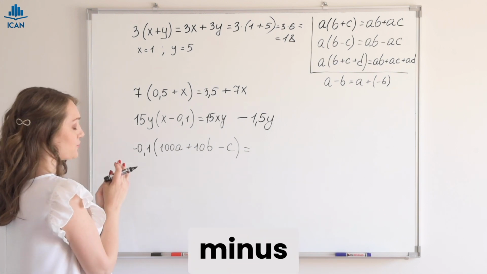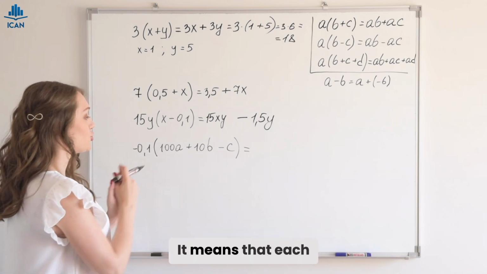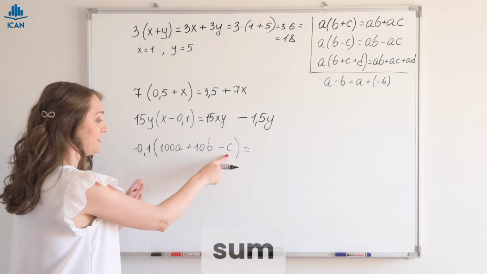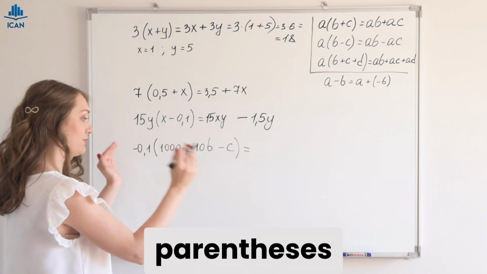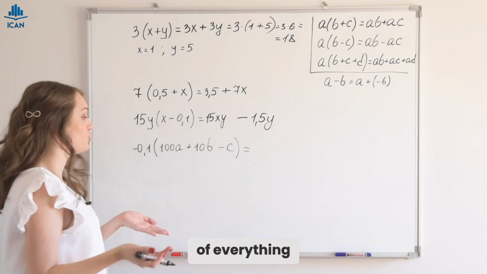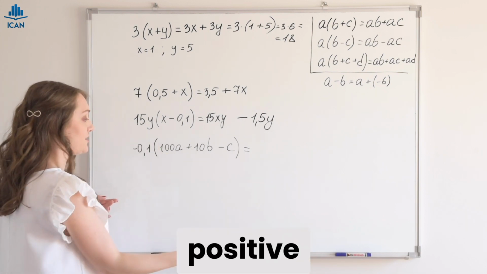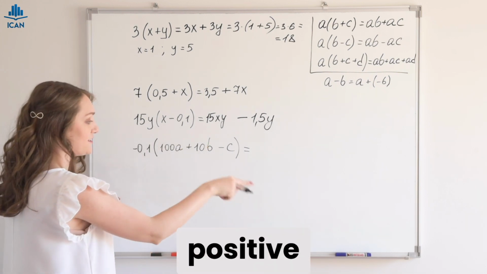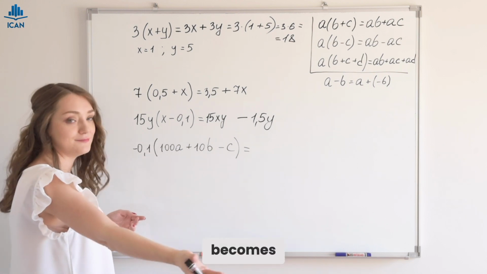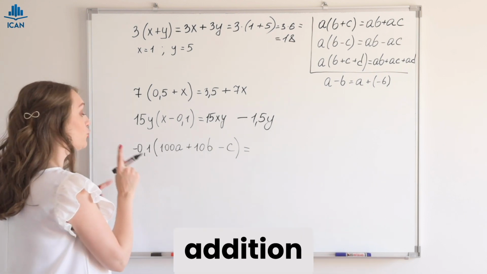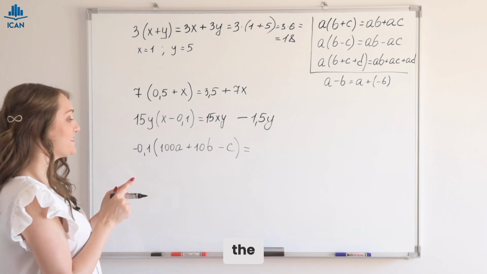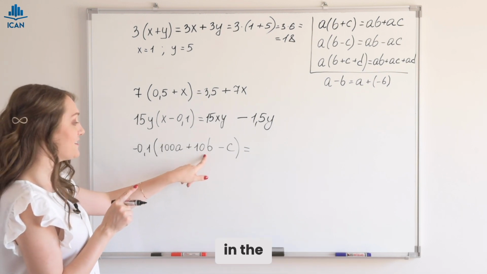Here we have a minus. What does it mean? It means that each term in this sum, what's in parentheses, we're simply going to change the sign of everything. That is, if it's positive, it becomes negative, and negative becomes positive. But in addition to this, we need to multiply each of these terms in the sum.